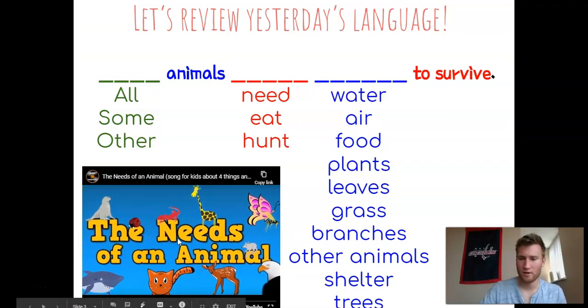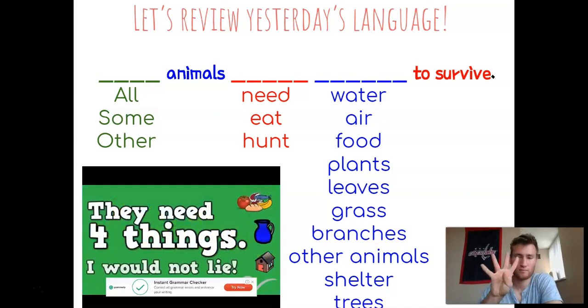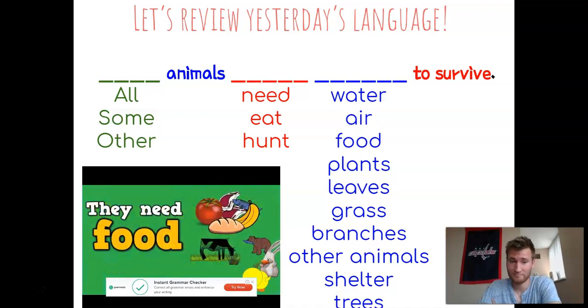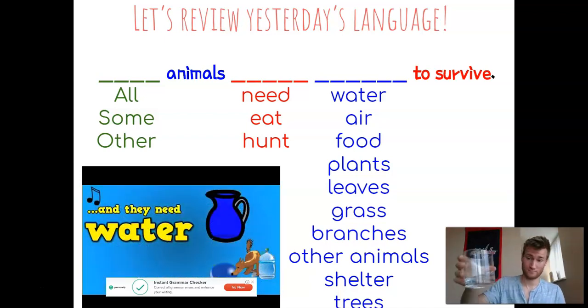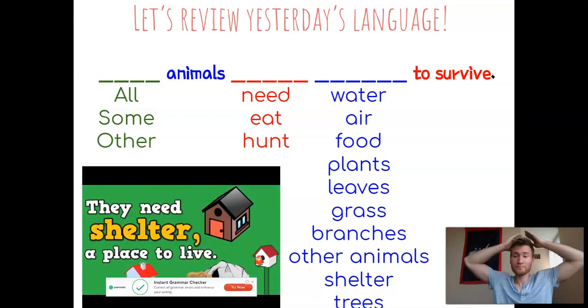For animals to stay alive, they need four things, I would not lie. They need food so they can grow. And they need water, just like so. They need shelter, a place to live.